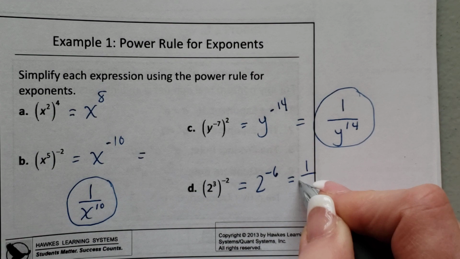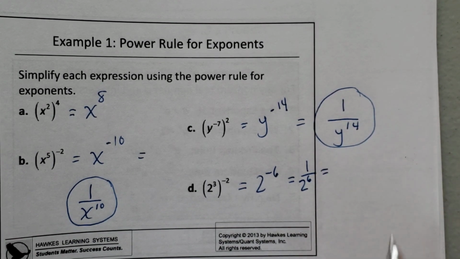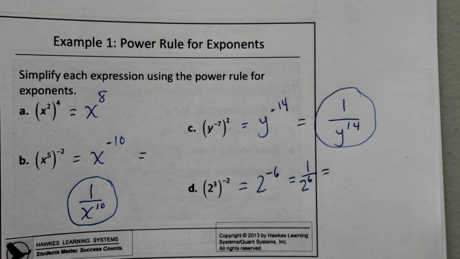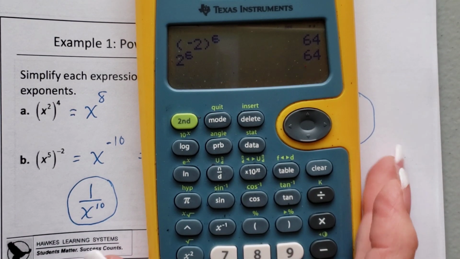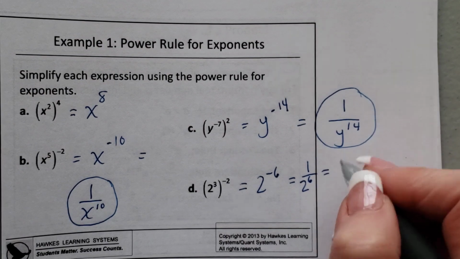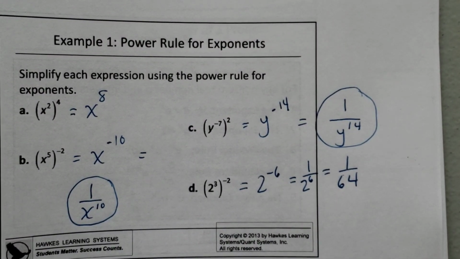So we're going to flip that down to the bottom. And since that's a number, we can actually figure out what 2 to the 6 is in our calculator. So 2 raised to the 6, I think we did this earlier and got 64. Yep, look, we did the same thing twice. All right, but let me also show you it's 1 over 64.